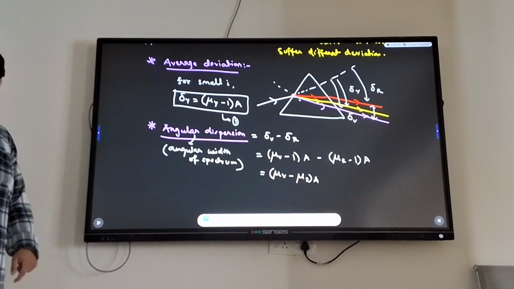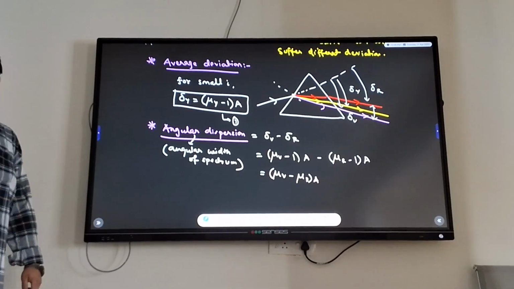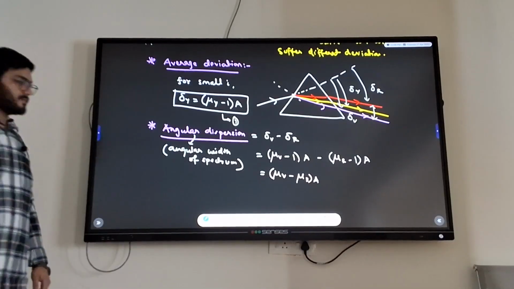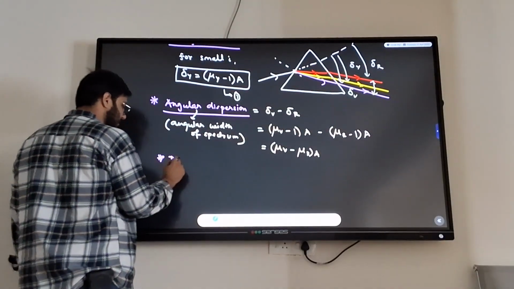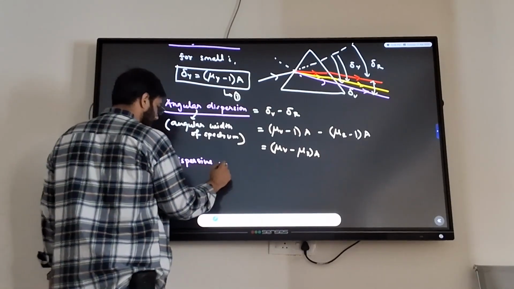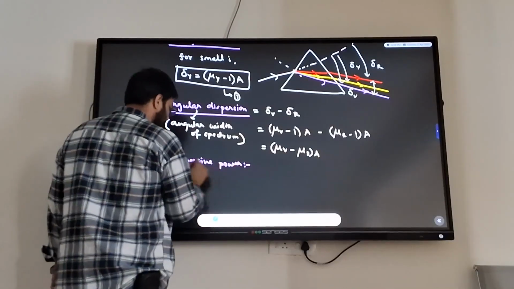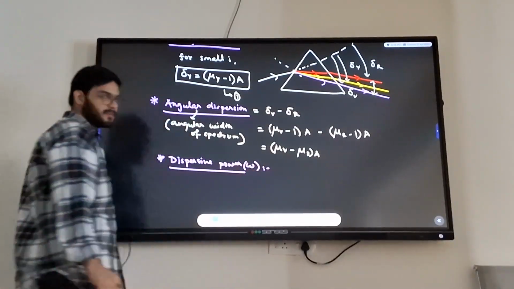Another important term, which actually decides how powerful your prism is, is called the dispersive power. And how is the dispersive power defined? I will use the letter omega for it.